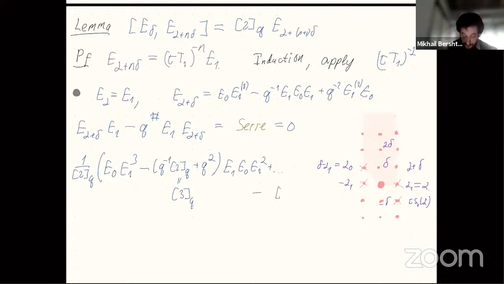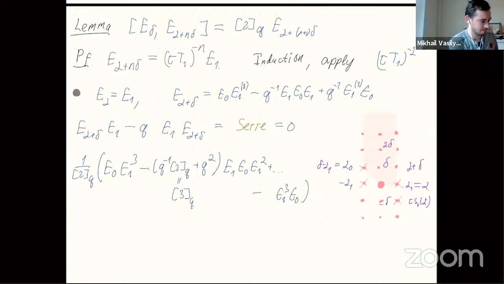It will be easier to look at the last term, E1 cubed, E0, in opposite order. In this last term, we have this Q in power 2.